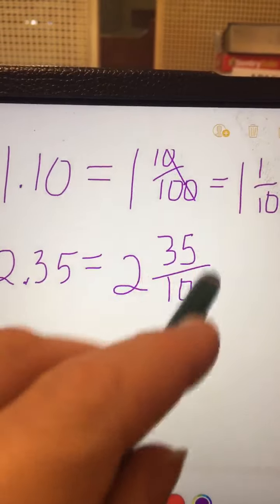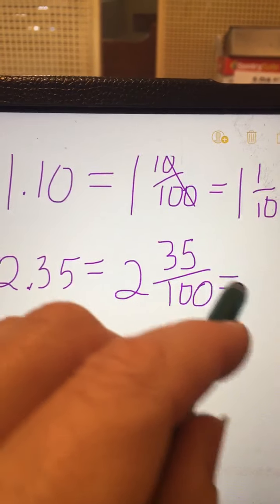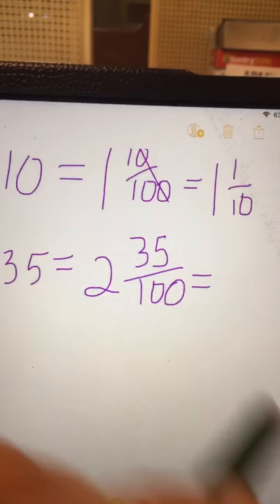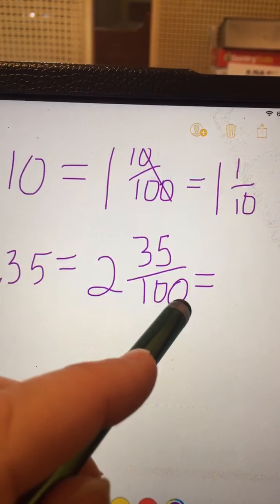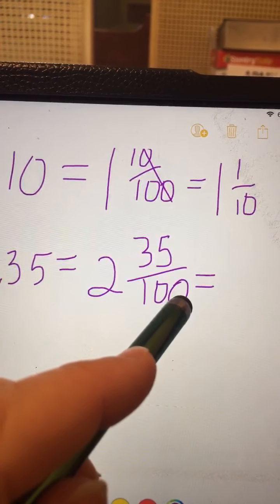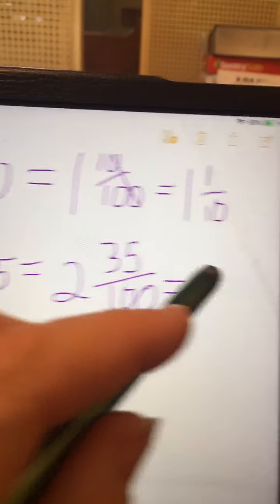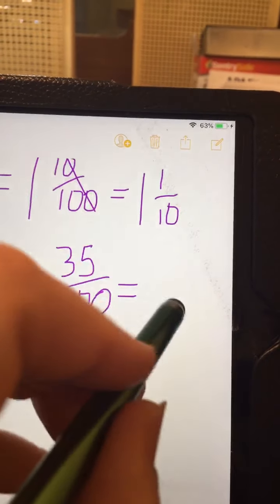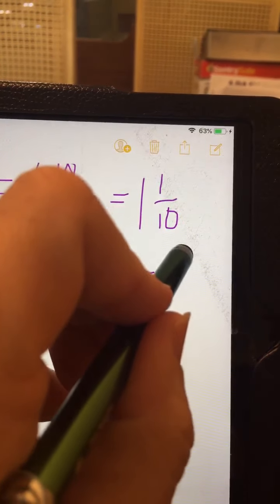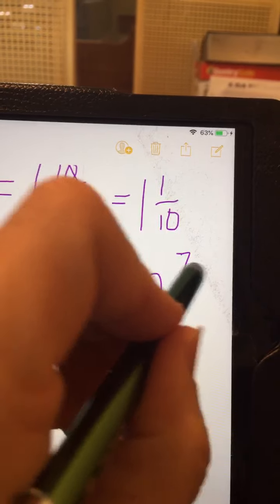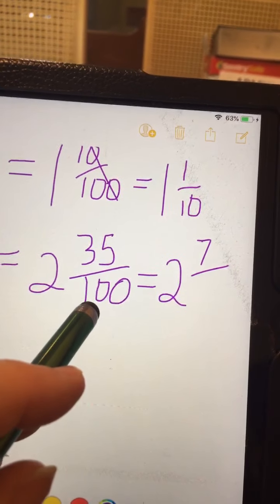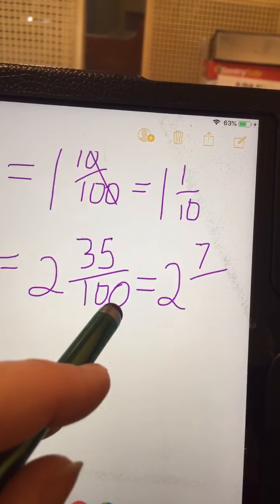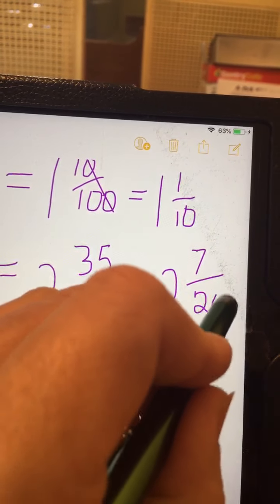Okay, I need to simplify this fraction here. Looks like one has a 5 at the end and one has a 0, so that tells me that they are both divisible by 5. So 35 divided by 5 is 7, and 100 divided by 5 is 20.